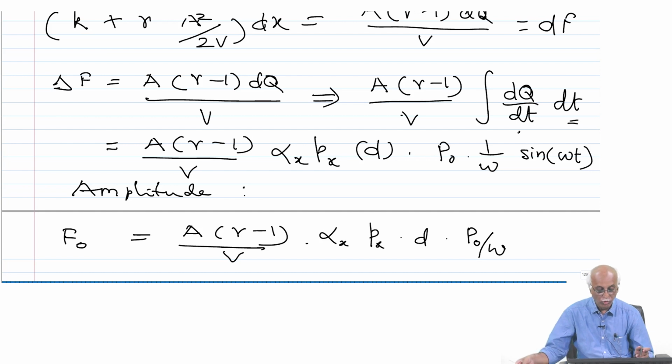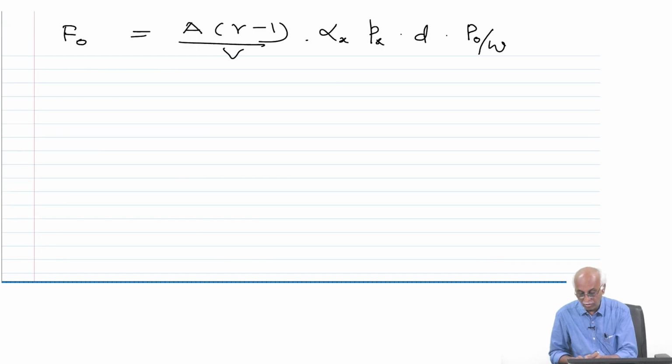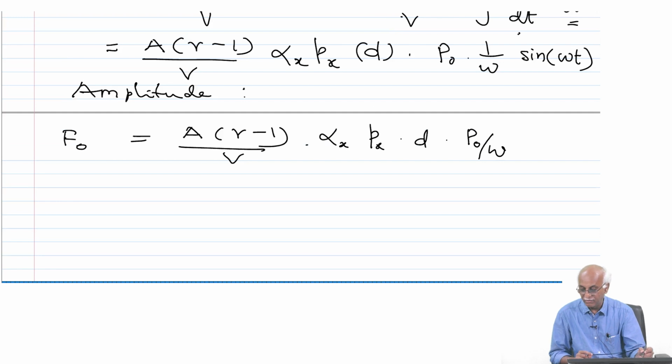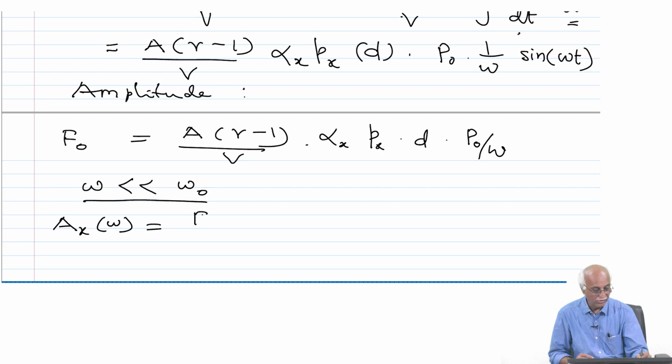Okay, and so if you go back, we had derived, depending upon the omega value, if omega is less than omega 0, accordingly we can estimate the amplitude a x at omega, which is f 0 by m omega 0 square, which we had mentioned previously.